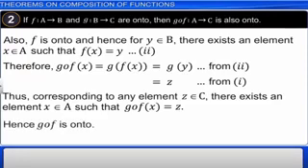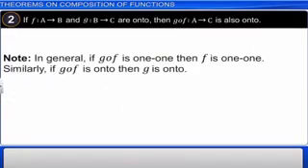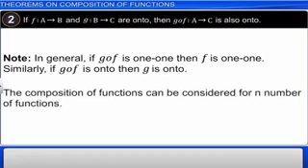Hence, the composition of f and g is onto. Please note that, in general, if the composition of f and g is 1-1, then f is 1-1. Similarly, if the composition of f and g is onto, then g is onto. The composition of functions can be considered for n number of functions, but in this class, we are discussing only three functions.